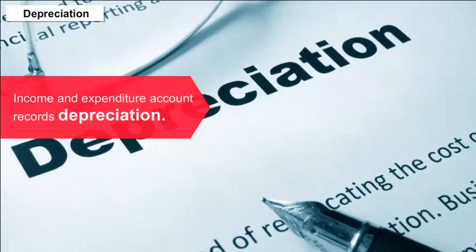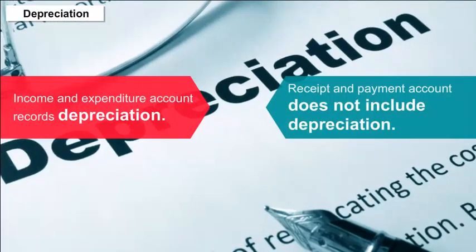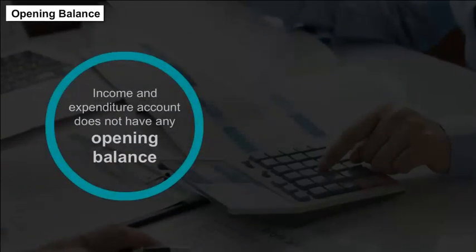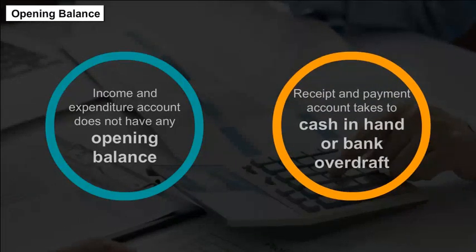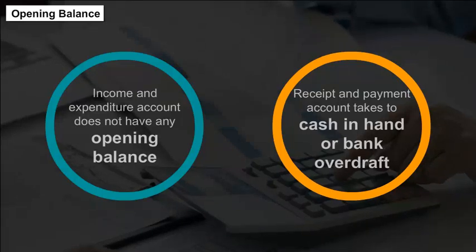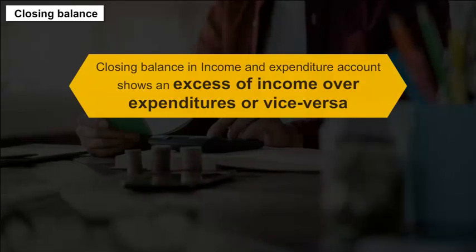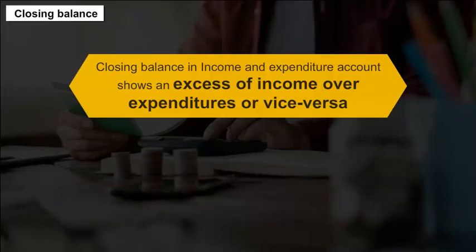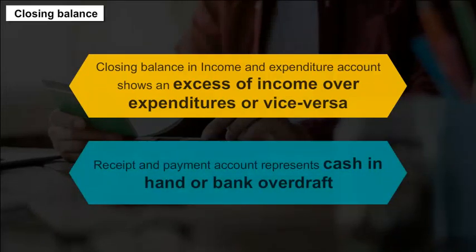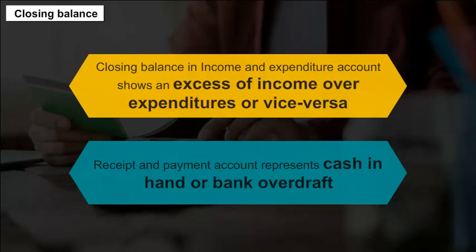Income and expenditure account records depreciation, whereas receipt and payment account does not include depreciation. Opening balance. Income and expenditure account does not have any opening balance, whereas receipt and payment account takes cash in hand or bank overdraft. Closing balance. Closing balance in income and expenditure account shows an excess of income over expenditures or vice versa, whereas receipt and payment account represents cash in hand or bank overdraft.